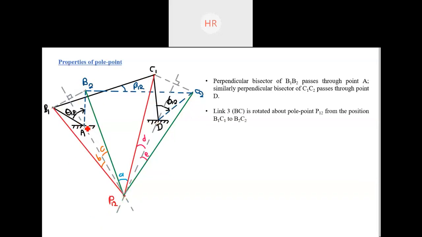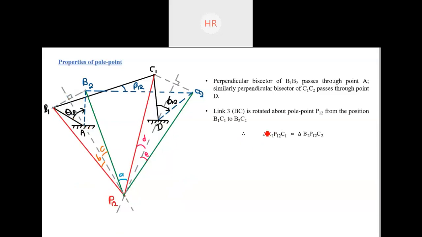If you change the position, suppose the second position is over here, B2 is over here, and C2 is over here, then the location of this center will change. It may fall over here or over here. So keep that thing also in mind. The location of P12 shown here will be located here only if the first position and second position are here. So keep that thing in mind.